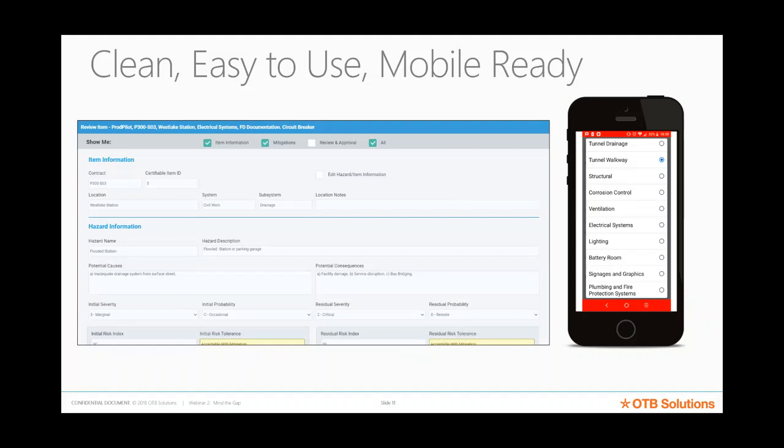So there's less work on the back end cleaning up information out of emails and out of spreadsheets that have been shared, and you have the ability to do meaningful reporting, and you can ensure that the corrective action plans that you're creating and the hazards that you're identifying and mitigating are all managed in an appropriate fashion. But just as importantly, that the information that you have about those items is clear, concise, and consistent as you have the safety management system running throughout its life over the next weeks, months, and years.